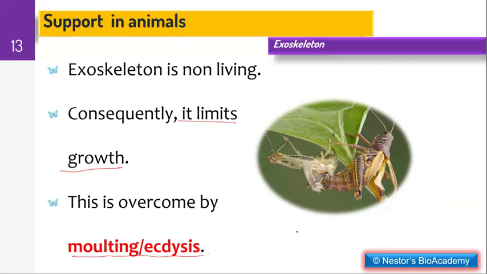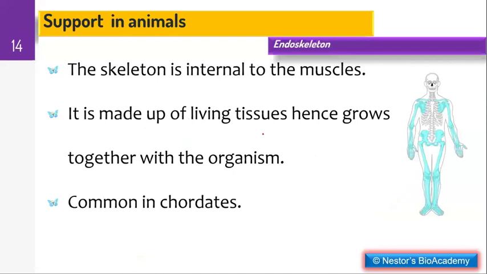Other than the exoskeleton, the other type of skeleton is the endoskeleton, like what we have. And the endoskeleton is internal to the muscles. Like in our bodies, you always find the muscles to the outside and the components of the skeleton are found to the inside.